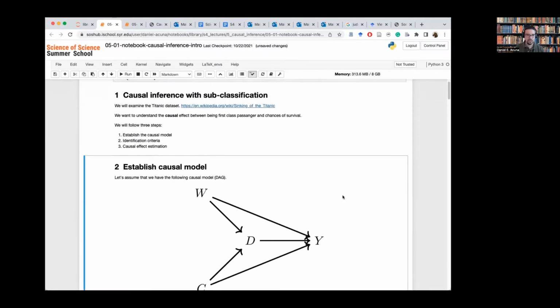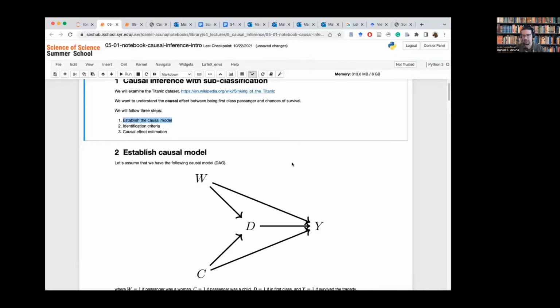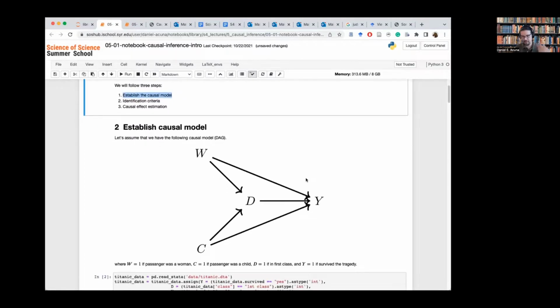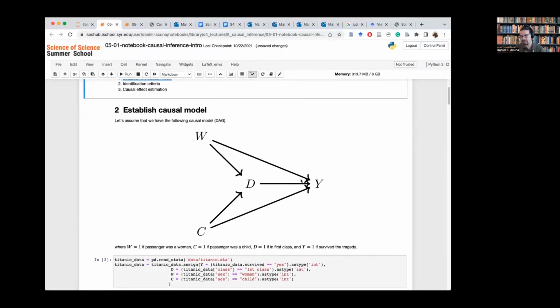Okay. So the first thing is I'm going to establish a causal model. This is an assumption that I make. You might not agree with the assumption, and we can debate that. But if you agree, we say, okay, that sounds fine. Then I can do the math and estimate the causal effect. So I'm going to make the following assumption. Yes, there is a causal effect between first class or not first class and survival in this tragedy.